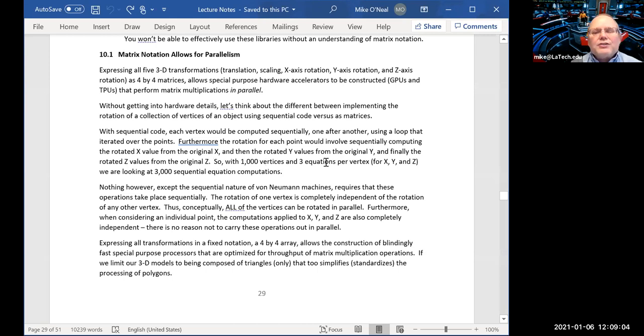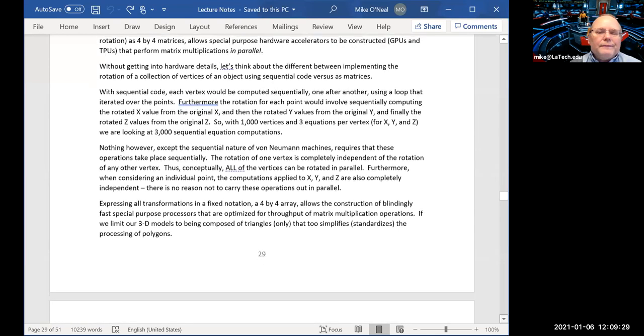So if you've got 1,000 vertices, the three equations, one for x, one for y, and one for z, you're doing 3,000 sequential computations. But if you're doing it with a matrix, you do 1,000. Right, you're doing 1/3 of the work, so that's a big speed up right there. So that's why we're doing that.